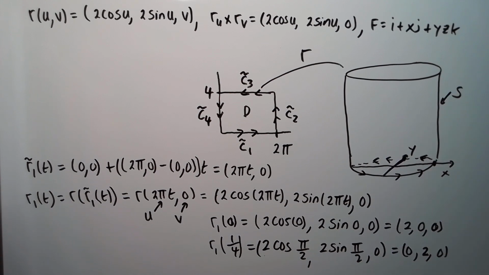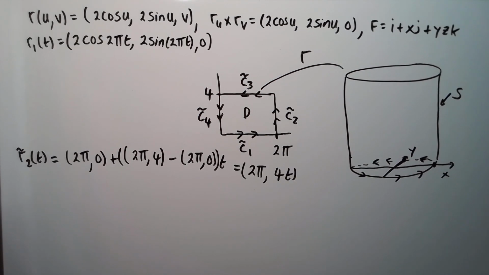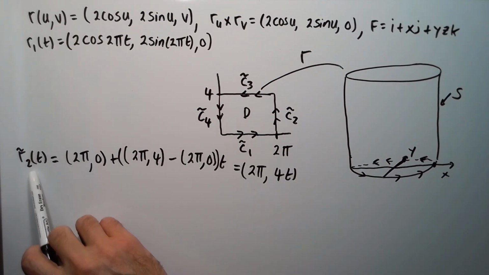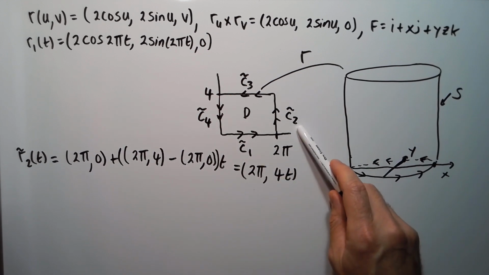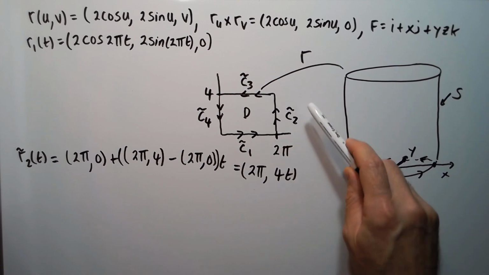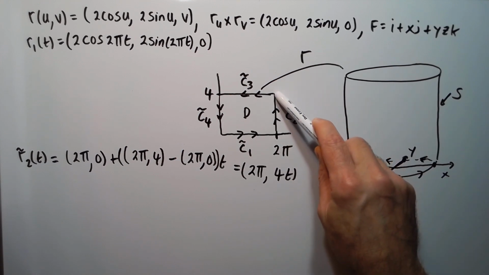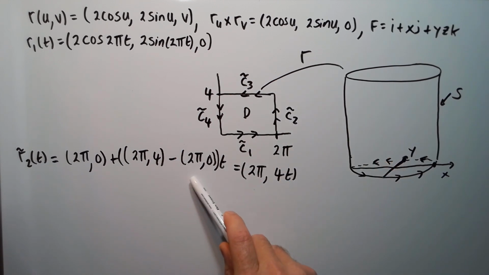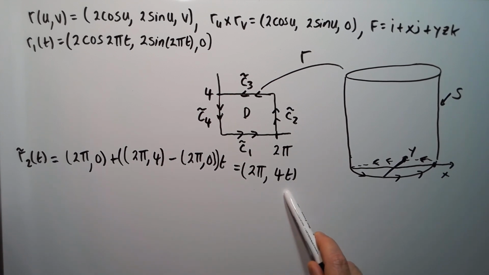Let's find R2 tilde next. Okay, so doing R2 tilde next, that's the parameterization of C2 tilde. So starting point would be (2 pi, 0). Ending point would be here, which would be (2 pi, 4) minus start point, times t. So working this out, you get (2 pi, 4t).